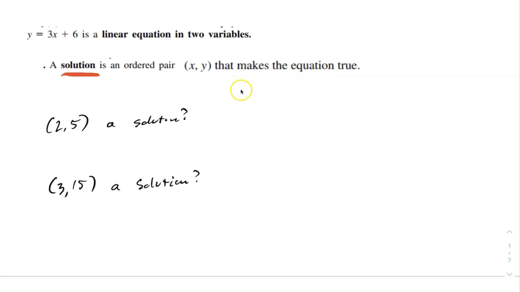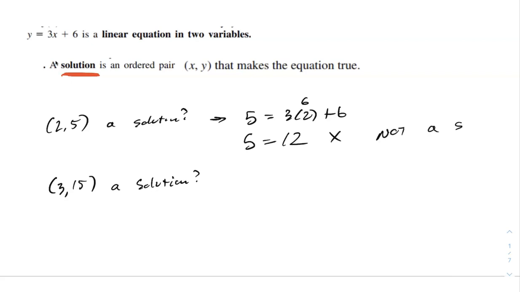The way you check these is you substitute 2 in for x and 5 in for y, and see if it's a true statement. For the first one, 5 is my y, 2 is my x. I get 5 equals 6 plus 6, which is 12. This is not a true statement, so no, (2, 5) is not a solution. It didn't make the equation true.